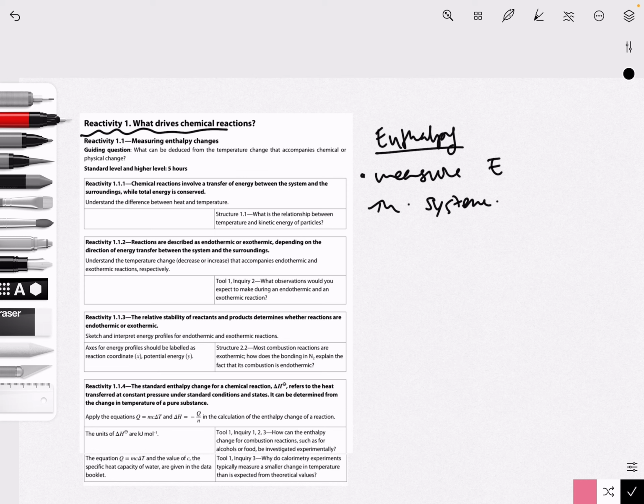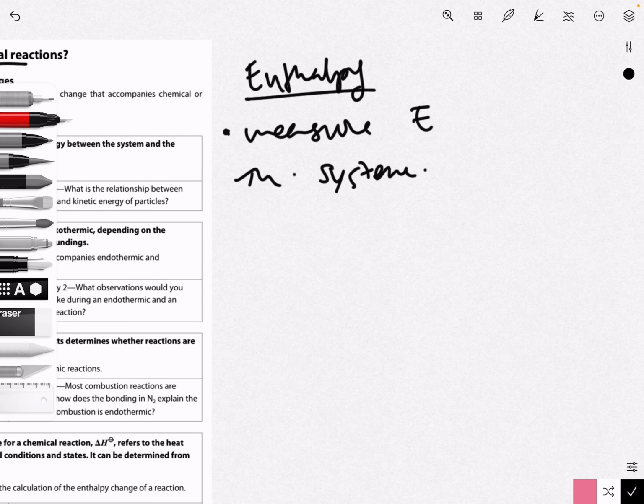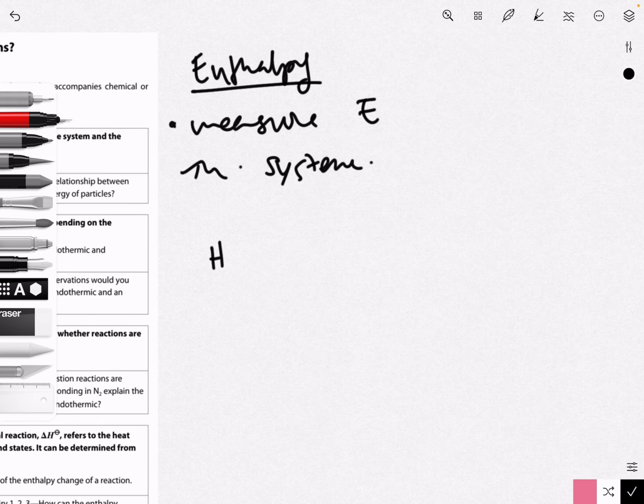One of the key things that we should understand when it comes to measuring enthalpy is the difference between heat and temperature.